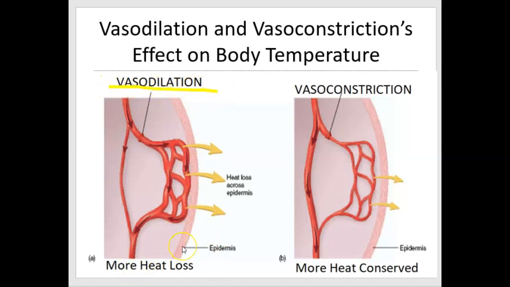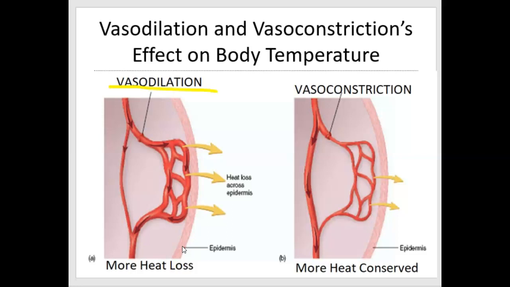This allows for a greater volume of blood to reach the surface of the skin, and the blood is carrying heat. So heat can evaporate then across the surface of the skin.